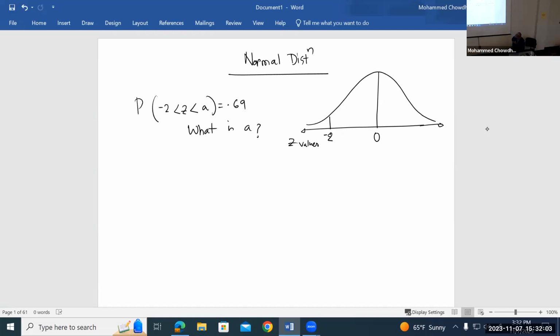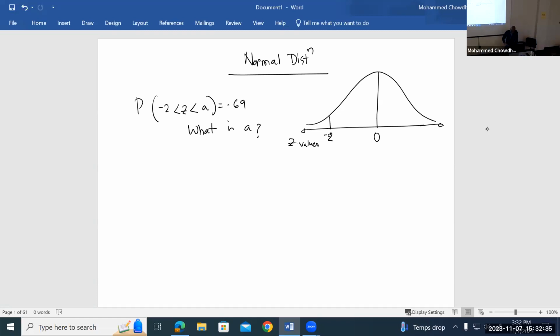Where should a be? To the right. Why? Because it's positive. Any other explanation? Don't they mirror each other, so that -2 and +2 are symmetric?